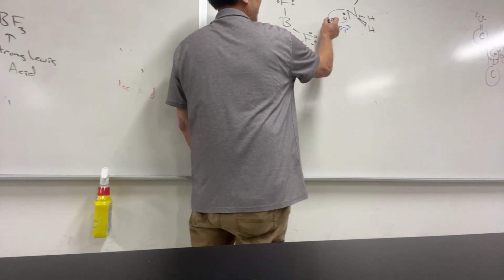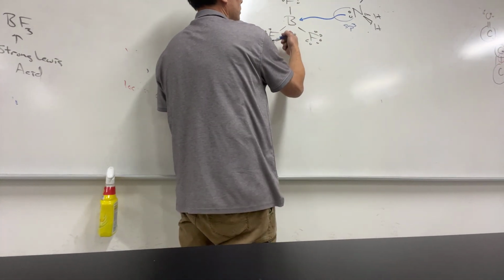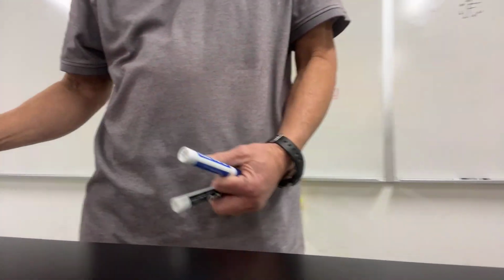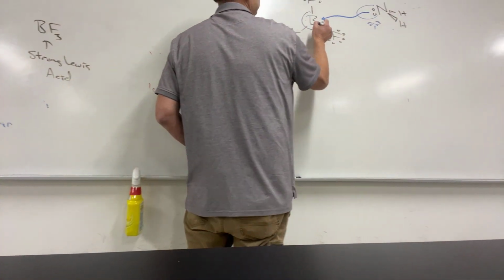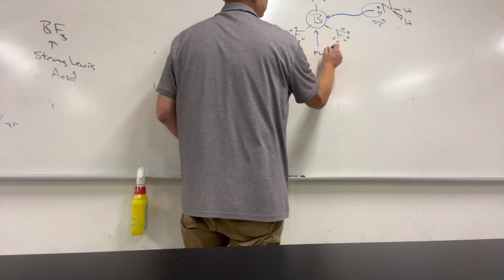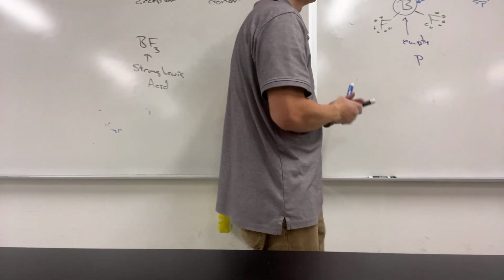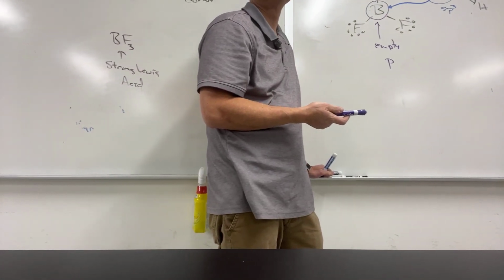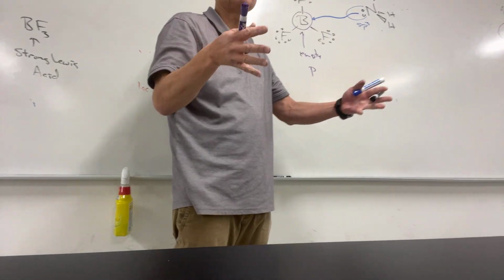Okay, so what's going to happen is this sp3 lone pair is just going to bond to this boron. There's an empty p orbital, correct? On boron. And so what we should form is an sp3-p sigma bond. But, you know, there are repulsions, and those repulsions are going to try to minimize.